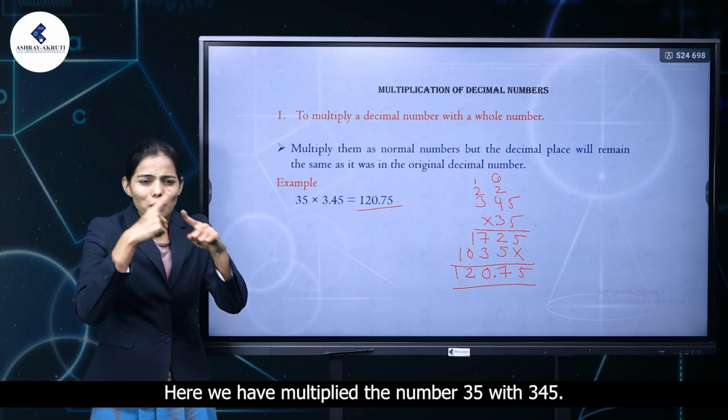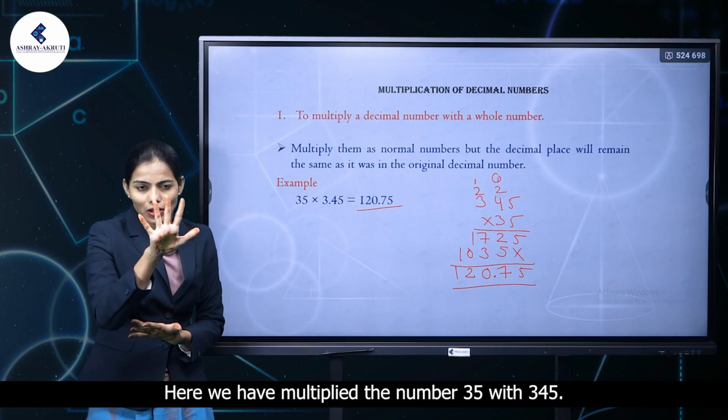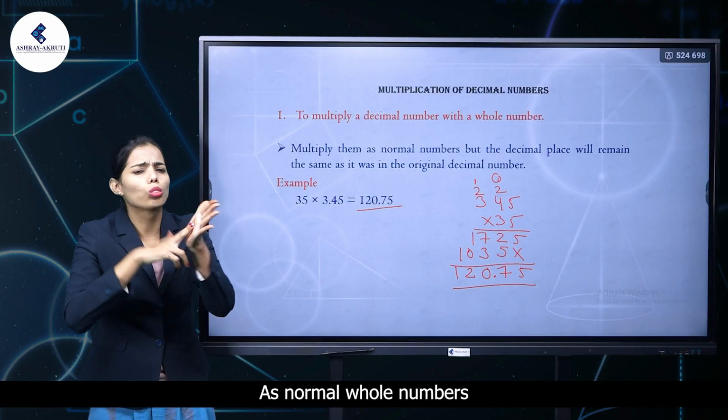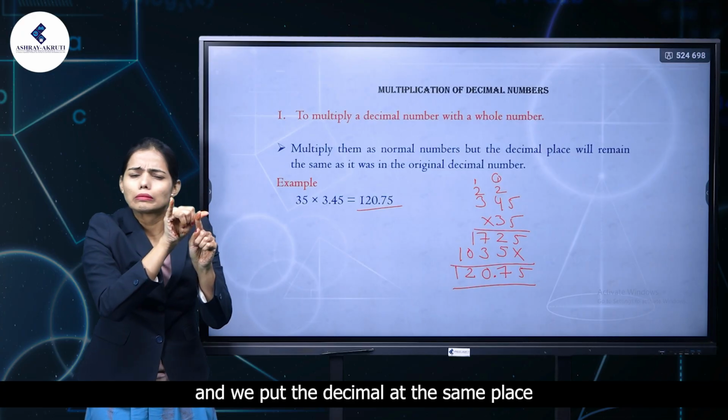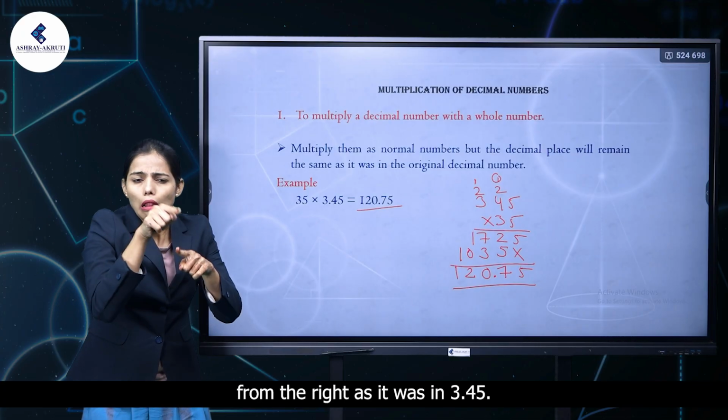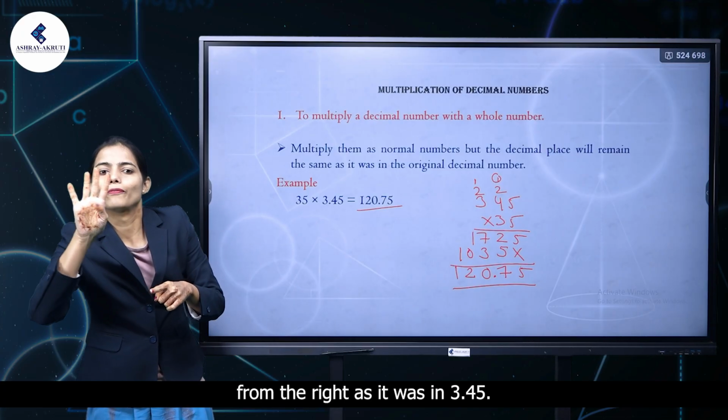Here we have multiplied the number 35 with 345 as normal whole numbers, and we put the decimal at the same place from the right as it was in 3.45.